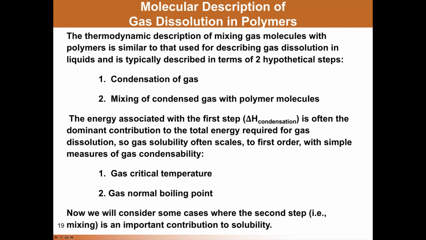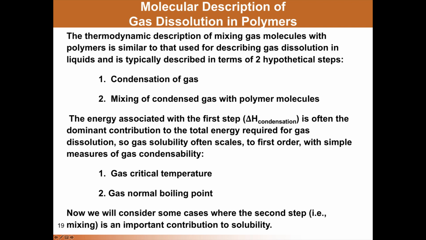And the energy associated with the first step is often the dominant contribution to the total energy for gas dissolution. As a result, gas solubility often scales with simple measures of gas condensability, which are proportional to the delta H of condensation, things like gas critical temperature and gas normal boiling point.